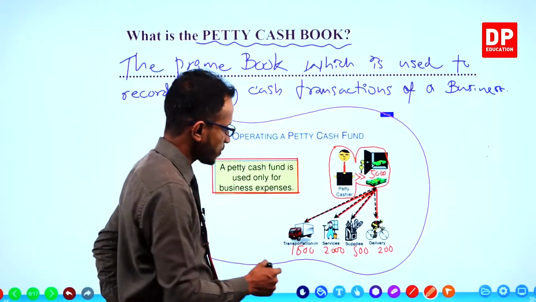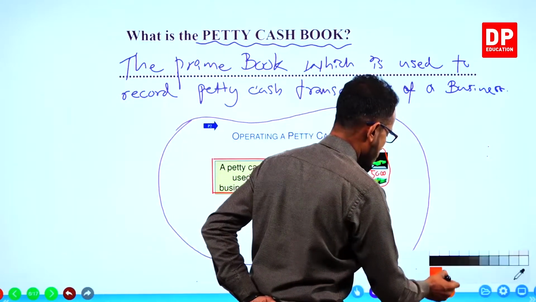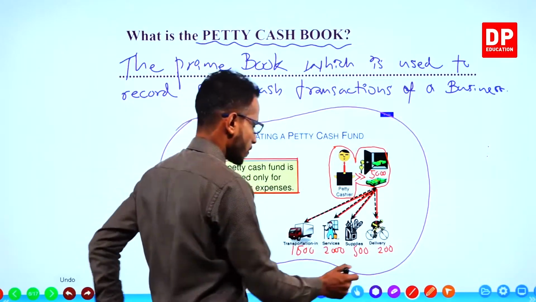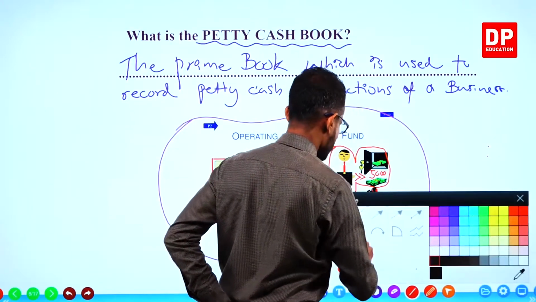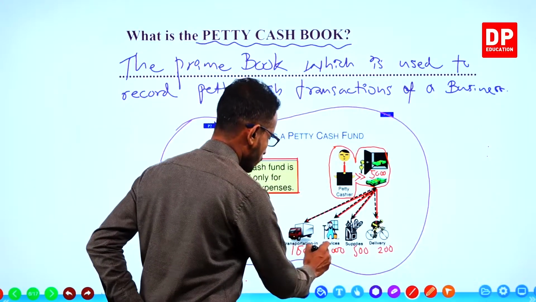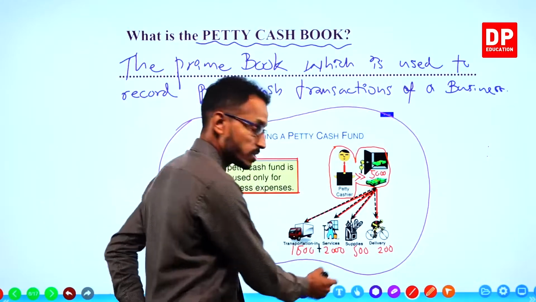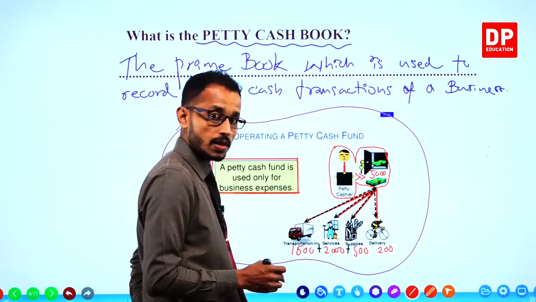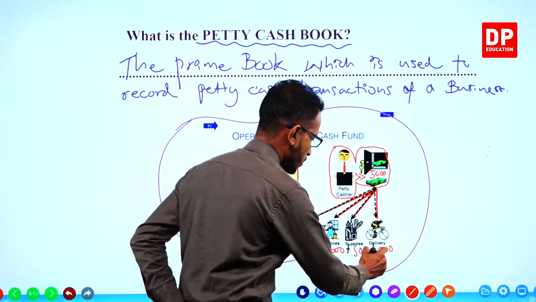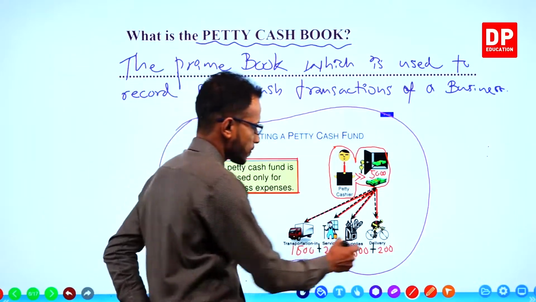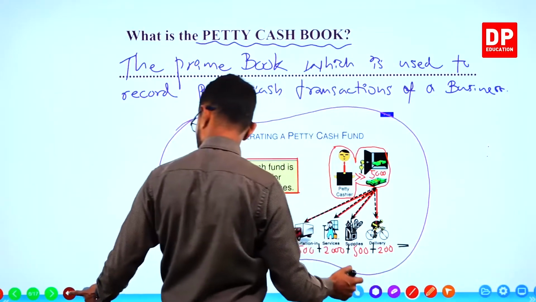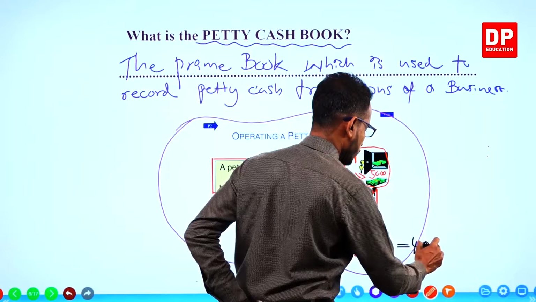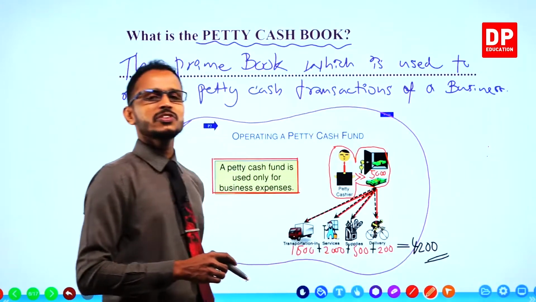Altogether, how much has he spent? 1,500 plus 2,000, that is 3,500, plus 500, 4,000, plus 200, 4,200 he has spent. $4,200. This is the total petty cash expenses for the month.